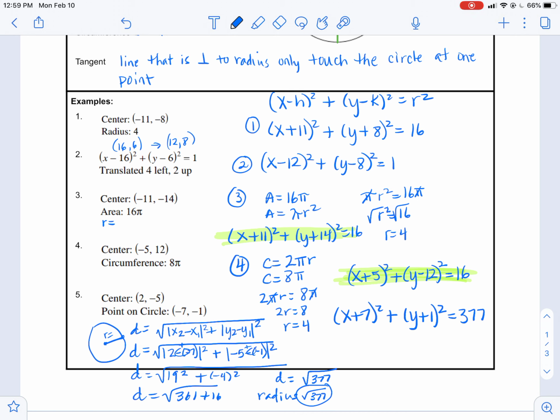Negative 7. Oh, I know what I did. My bad. I thought that was my absolute value. I wondered why I had such a weird number. Did anybody catch that? I thought that was a 1 on my 19 instead of an absolute value. Let me change this value here.